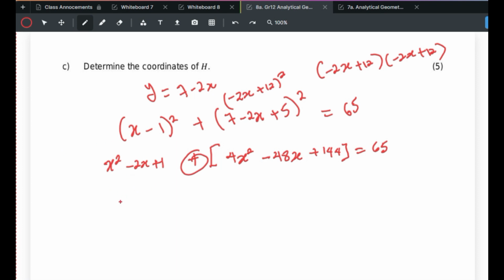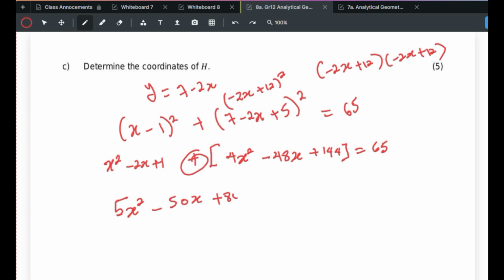So now adding this one here, you would have 5x squared. This one here would be minus 50x. This one here will be 145. Then we move the 65 over, so it's minus: 145 minus 65 is 80.